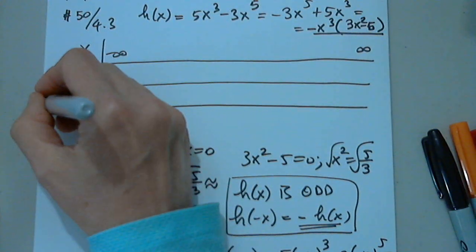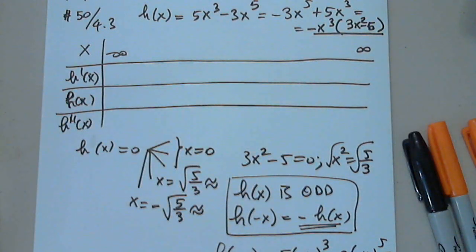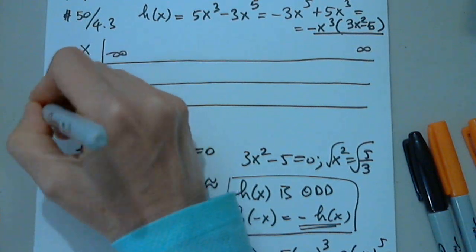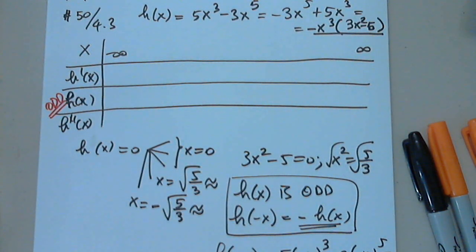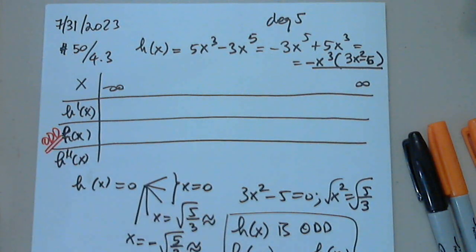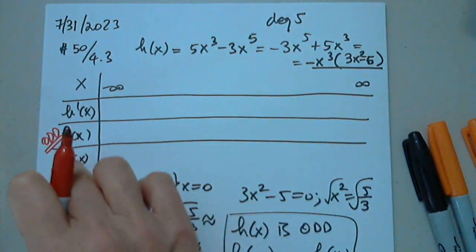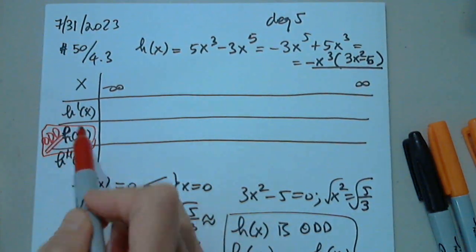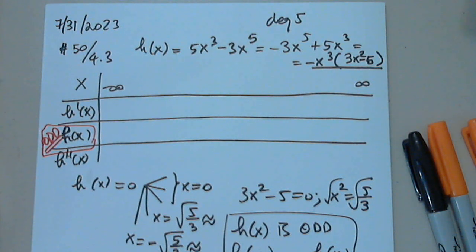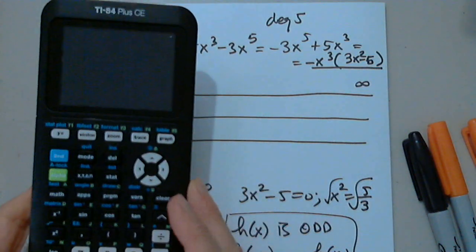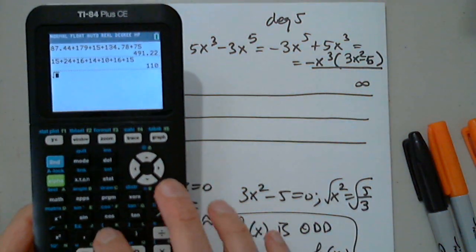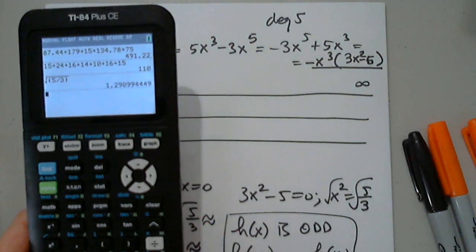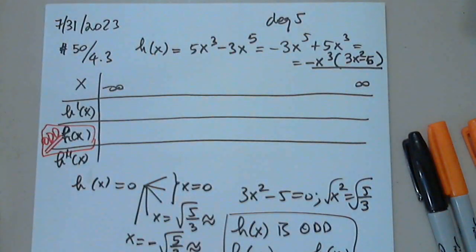So I'll make myself a note, maybe in a different color. Don't forget, if you don't get an odd function, or symmetric points from the third to the first quadrant or from the second to the fourth, something is terribly wrong. The function is odd. It has to be symmetric with respect to the origin. Okay, so I'm going to take the square root of 5 divided by 3, and I get approximately 1.3.